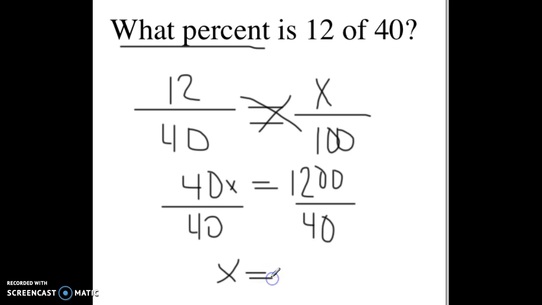So what that tells us is x represents 30%. Our answer is really 30% because it says what percent is 12 of 40? 30% is 12 of 40. In other words, if you answered 12 out of 40 questions on the test correctly, yeah, you get a whole 30%. That's not very good.